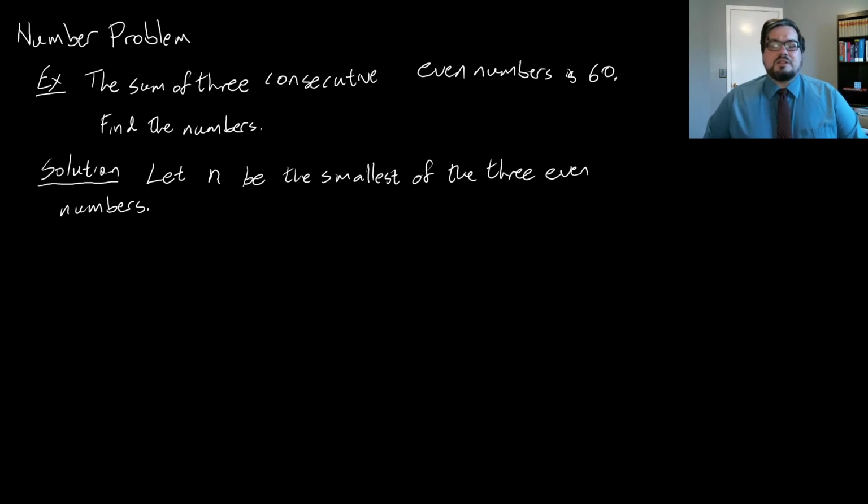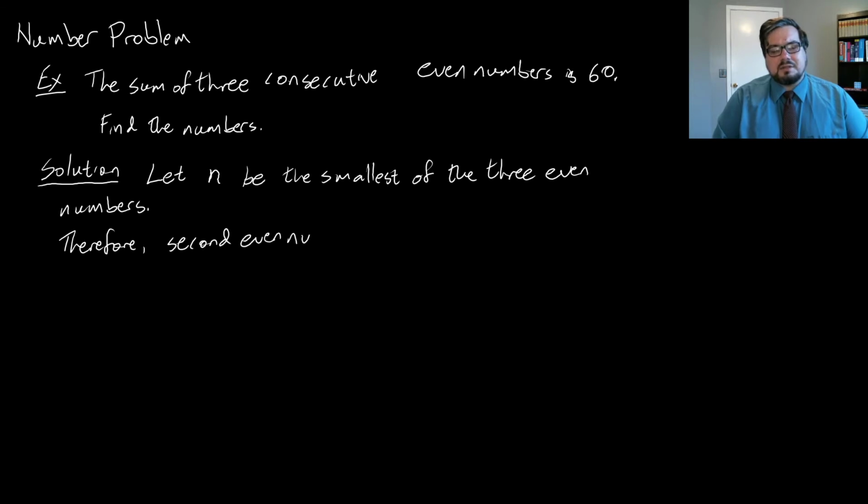And now we need to express the other quantities that we have in the problem. Well, the other 2 quantities we have are the other 2 even numbers involved. So that means we want to know what the second even number is, but we want to express it in terms of n.